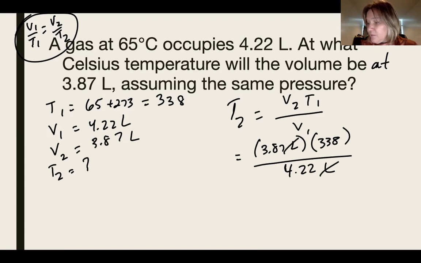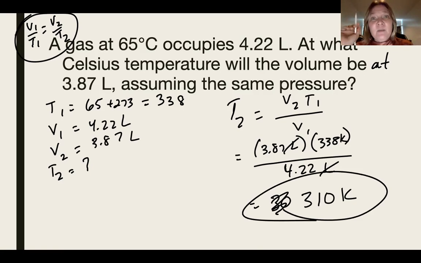Cancelling liters, bring back my calculator. 3.87 times 338 divided by 4.22 equals 310. And that's 310 Kelvin, because I forgot my K. Bad teacher, forgetting her units.